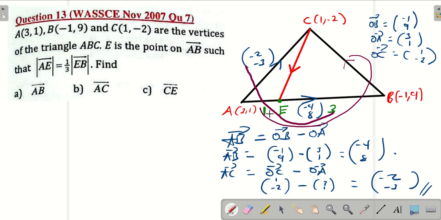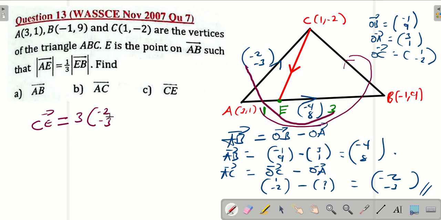So we are going to find C. That's from C to E. So we can say that CE is giving us, we are using the midpoint, the ratio formula. So CE should be equal to what? This vector multiplying 3. Is that right? So we are going to get 3 multiplied by what?